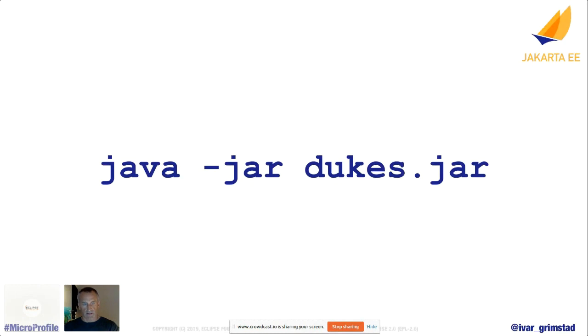Today there are several options to package or build your Docker images in an efficient way based on how the jar files are packaged. Either they use the hollow jar approach, the thin jar approach, or just a fat jar approach, and you have some tooling like Jib that just unwraps it and builds your Docker images efficiently. All the samples I'll be running today are just from the command line using java -jar.